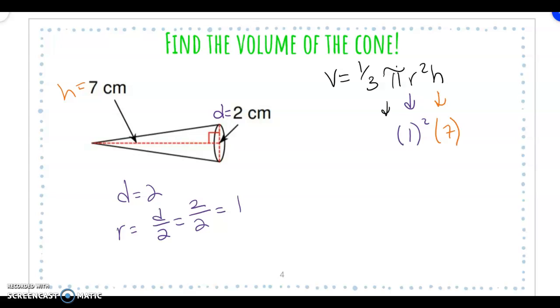Bring everything else down. 1 times itself is going to give me 1, and 1 times 7 gives me 7. And now I need to multiply it by that 1/3. And then again by pi.